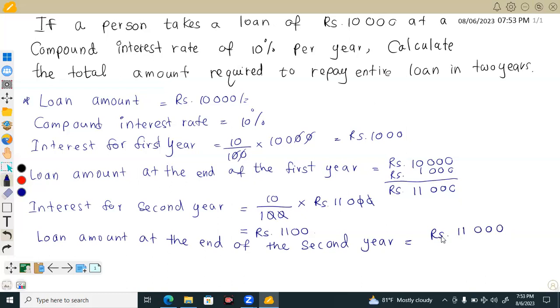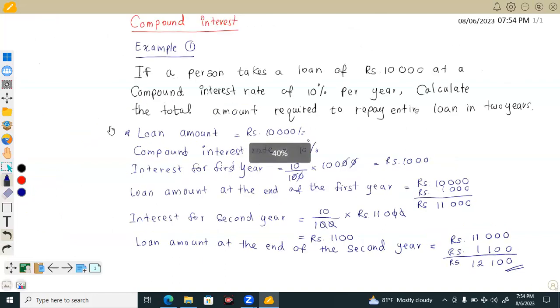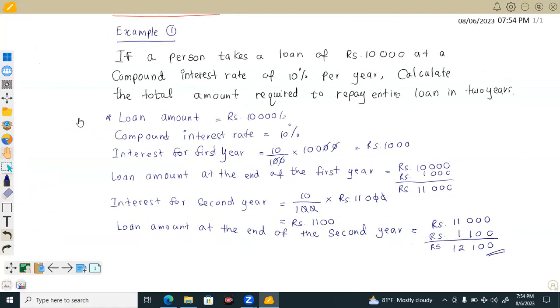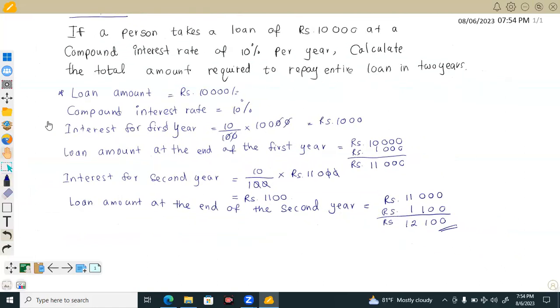Now we have to add the interest for the second year to the loan amount at the end of the first year. It is 1,100 rupees. Therefore, it is 12,100 rupees. Write down.